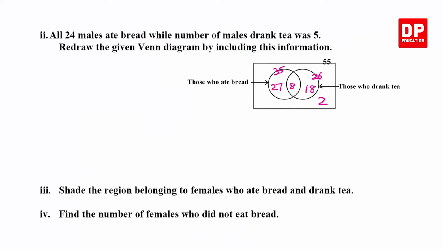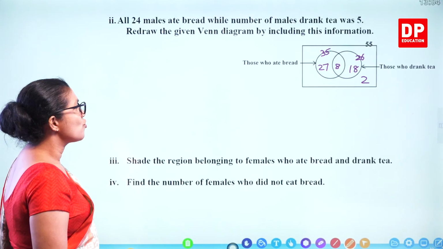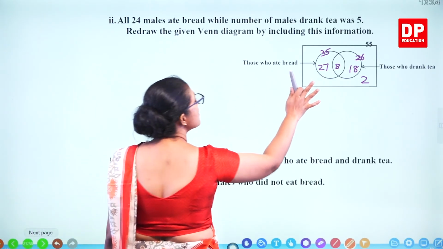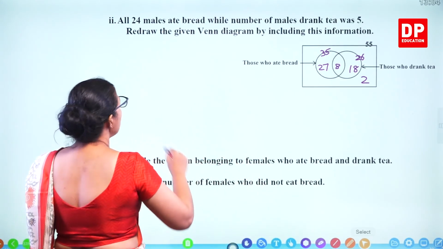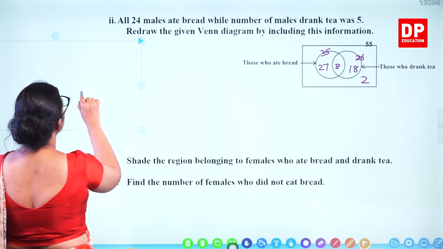All 24 males ate bread, while the number of males who drank tea was 5. Redraw the given Venn diagram by including this information. So you have to redraw this one. We'll take the previous one.